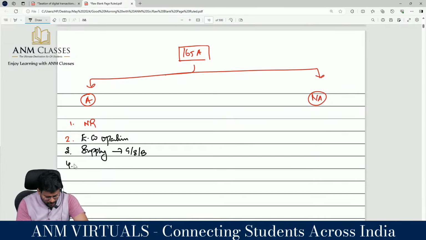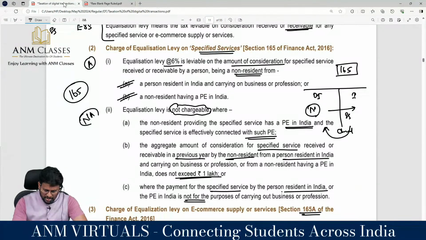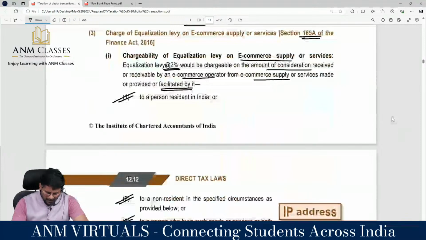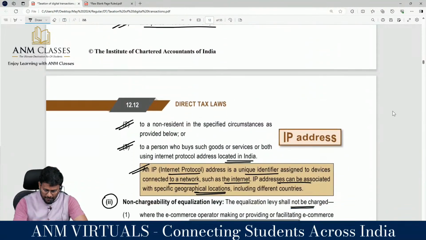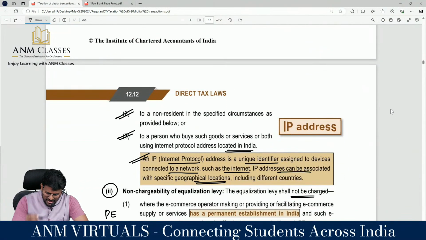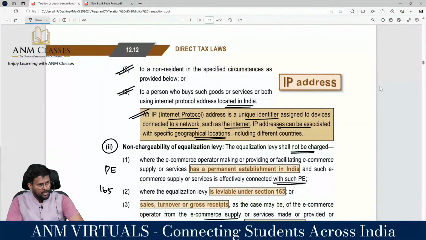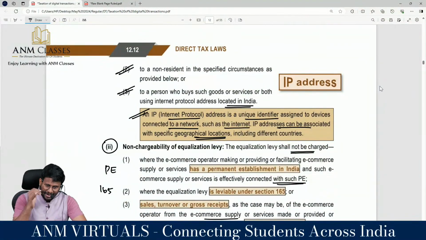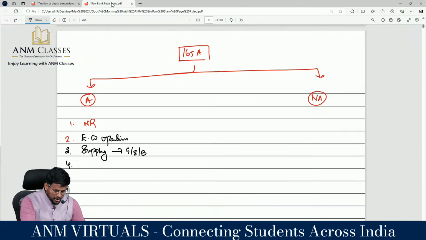Are you really with me? Then, to whom? To a person. They have given a list. In 165A, see, to a person resident in India, or to a non-resident in the specified circumstance as provided below, or to a person who buys such goods or services or both using an IP address located in India. Because there are three types, we can call it a specified person.